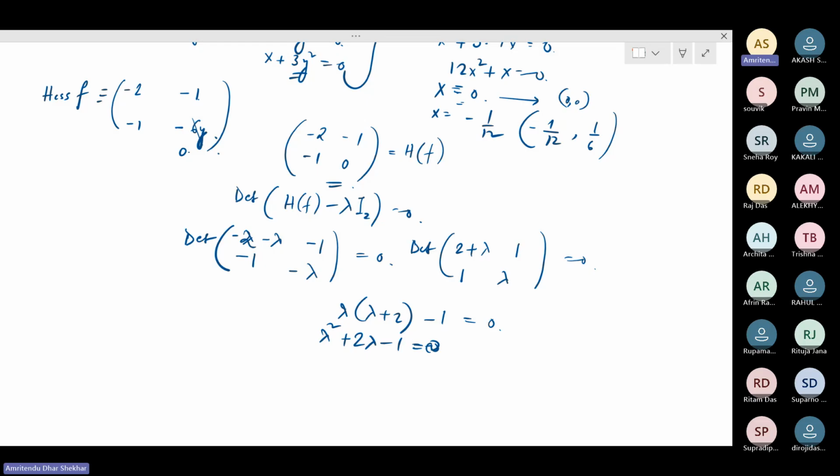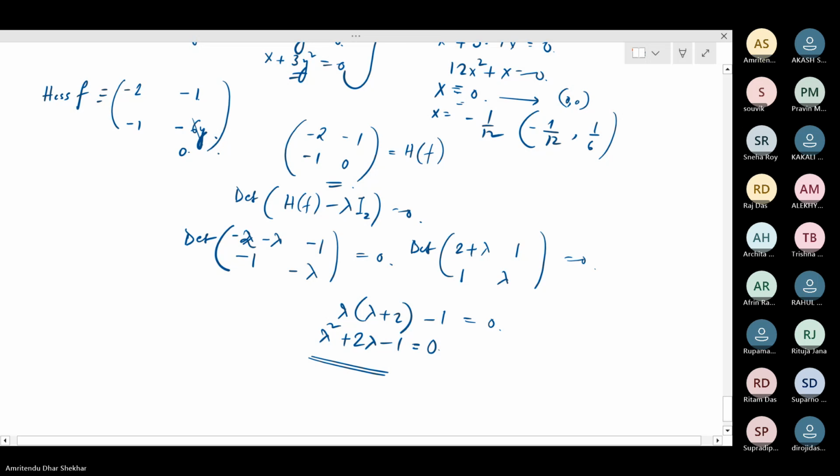So what are the roots of this equation? Whatever it is, you determine the roots of this equation.